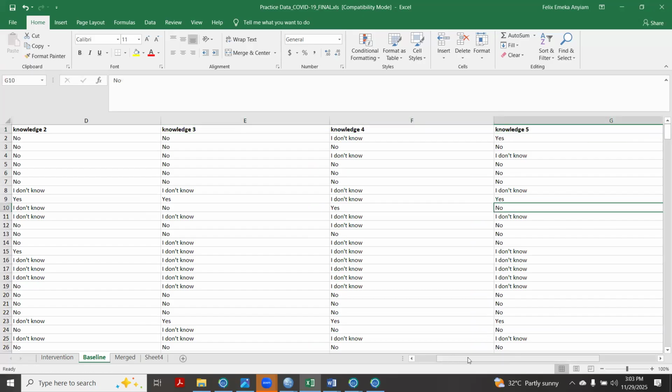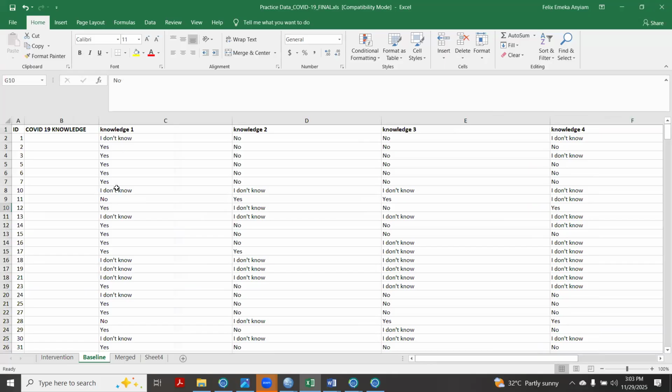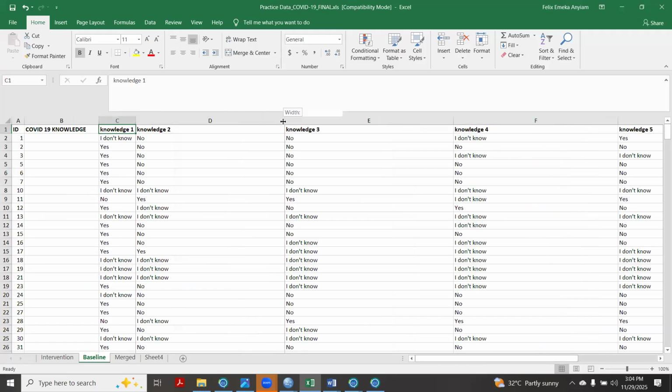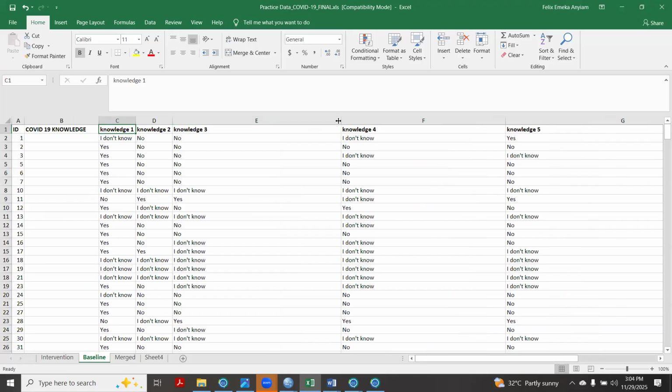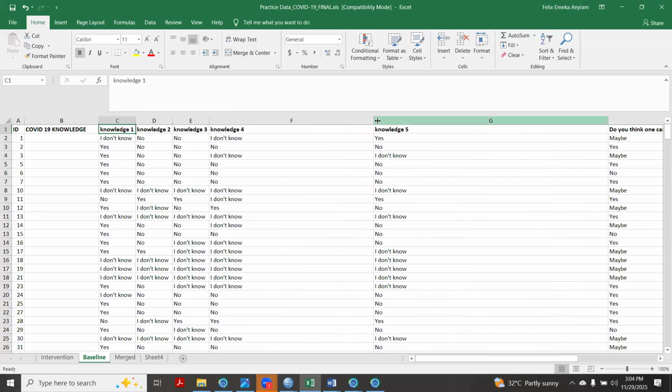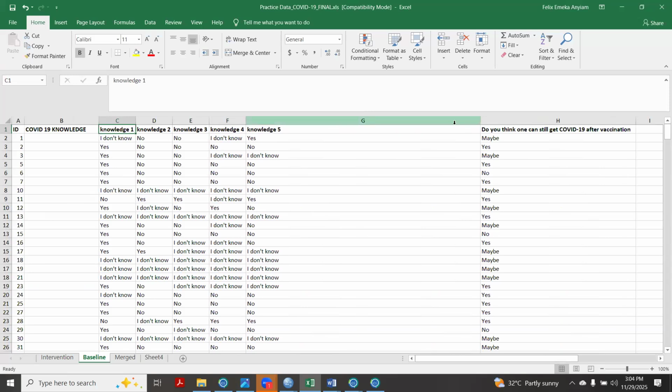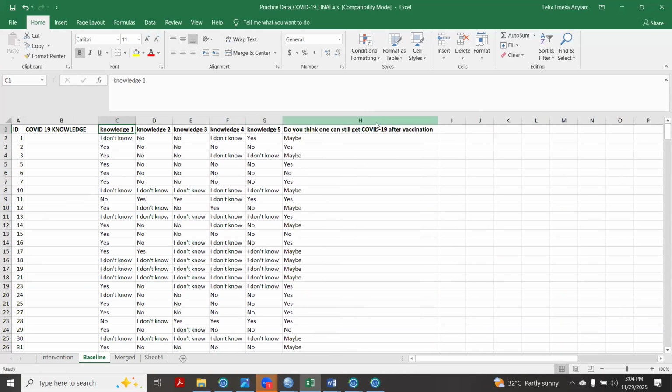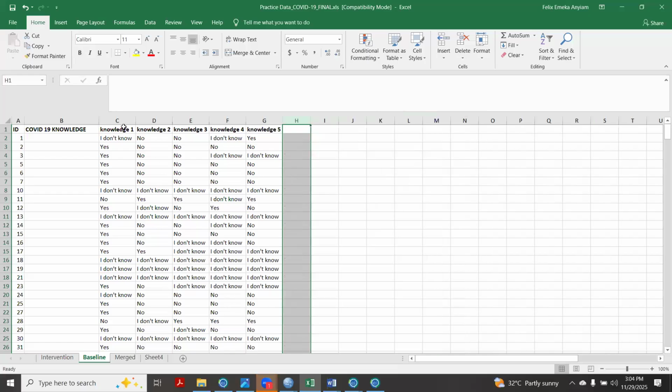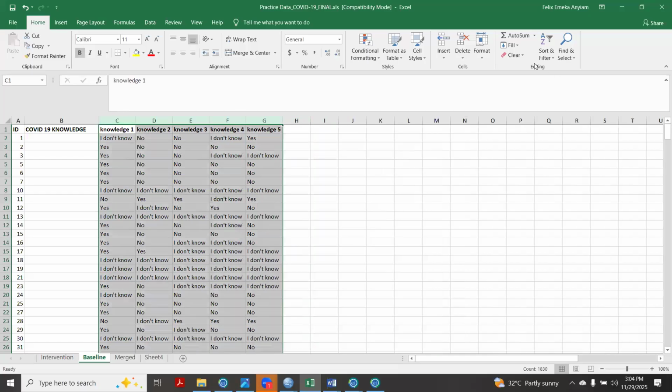Now, knowledge one to knowledge five are all parts of the same question. I think the best way to do this is to change the yes to correct, so that it will tally with what you have in mind.